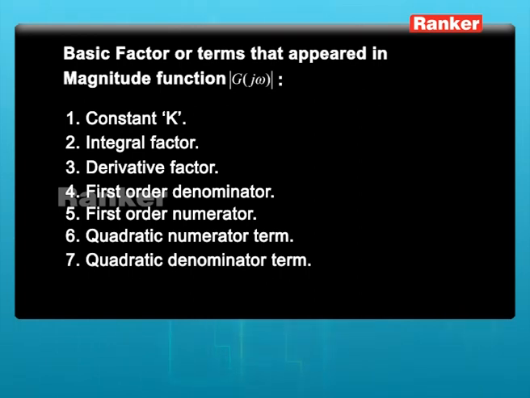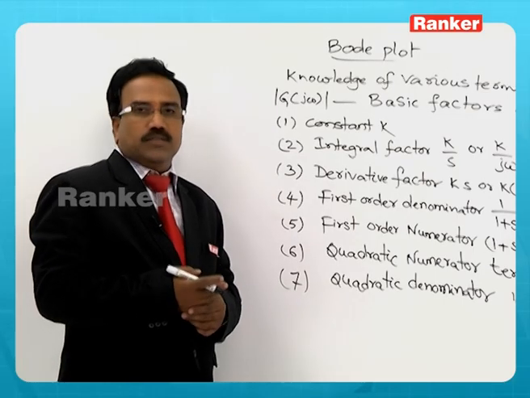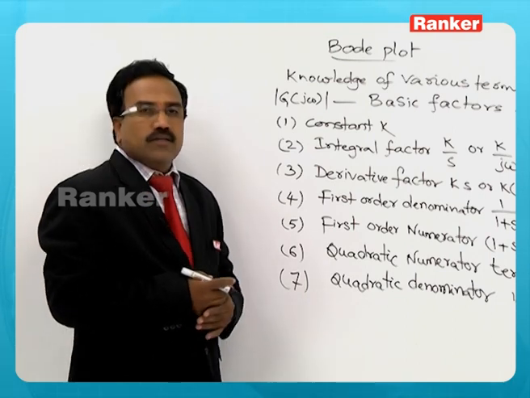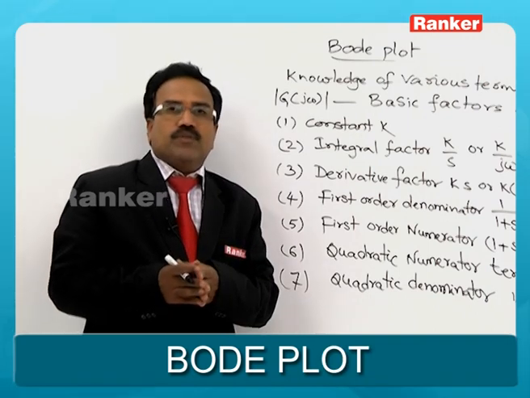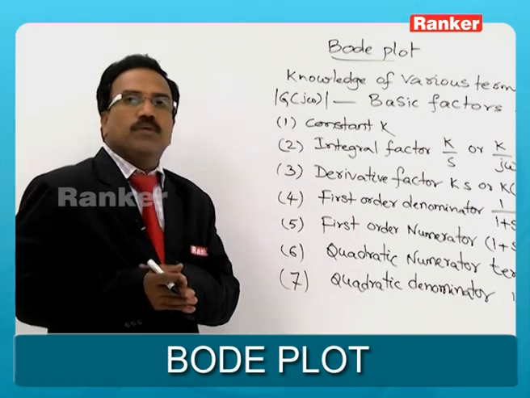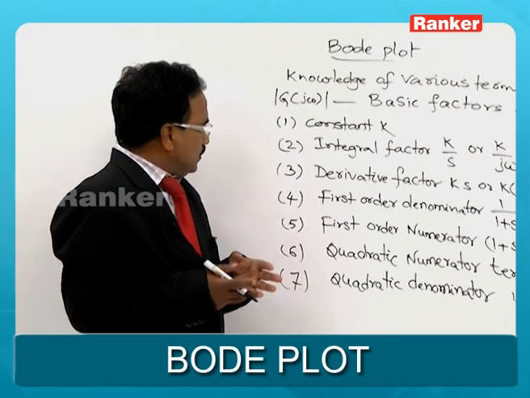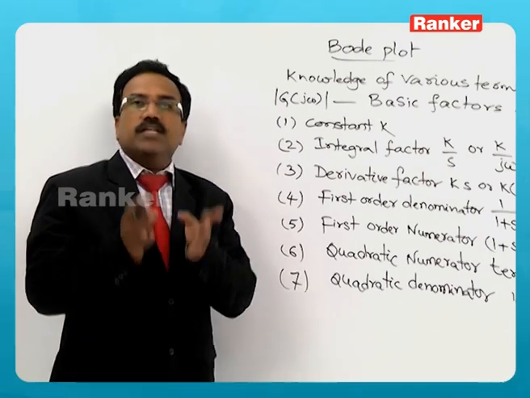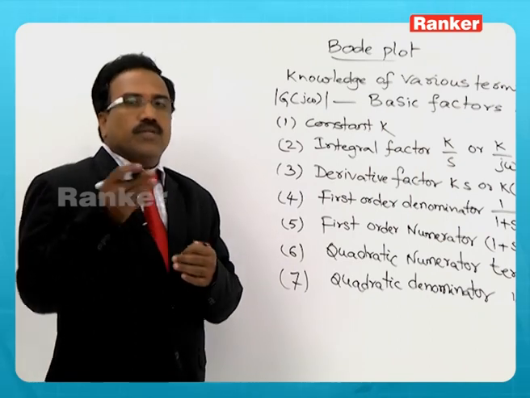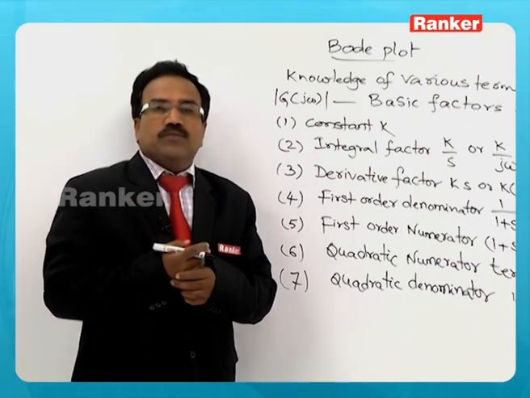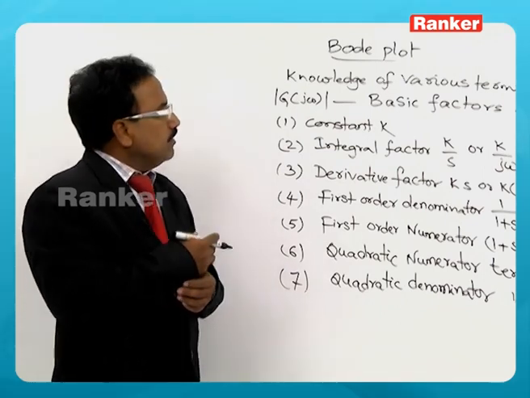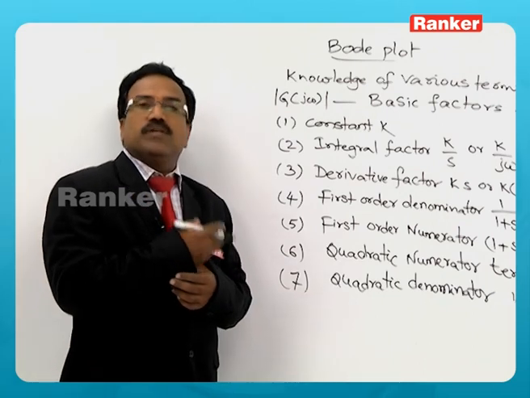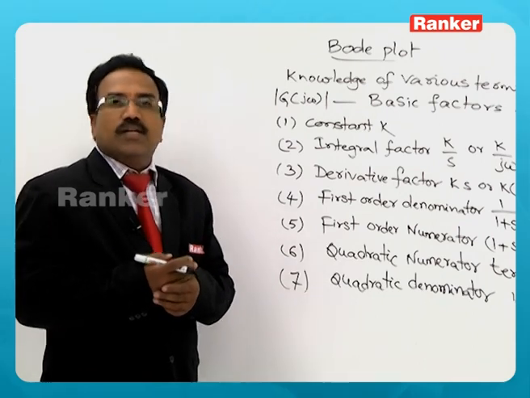So, we must understand for these individual factors or terms how they vary with the frequency, so that you can combine them and you can apply to a complex problem where you may find all these 1 to 7 terms in a single transfer function, so that you can draw the combined Bode plot. So, before that we must see each and every term or factor, whose magnitude varies with the frequency, and understand how.